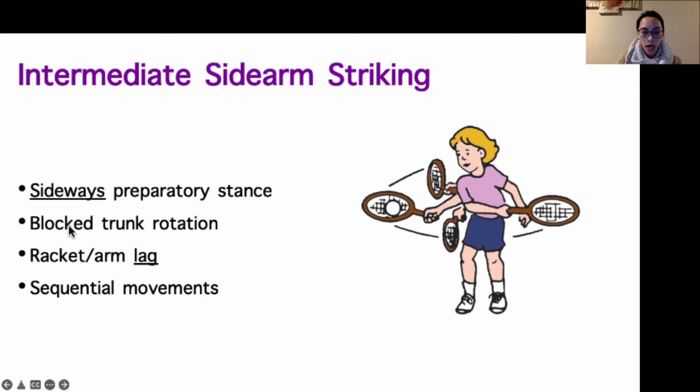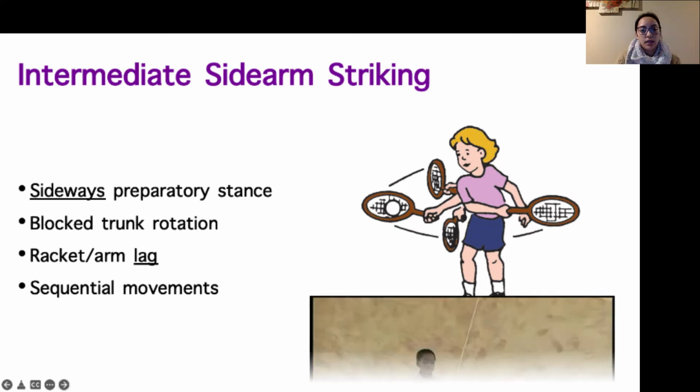Usually it's blocked together, so the trunk and pelvis are moving as one unit. We start to notice a little bit more lag in the implement, like racket or arm, and we also observe more sequential movements, including the use of a small step, perhaps, or starting to move adjacent joints more independently of one another.